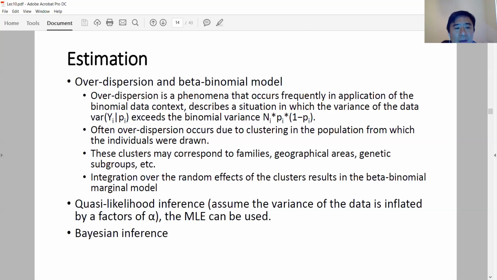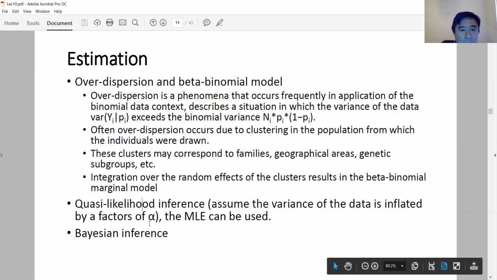In that case, you can have remedies, which means you can use the beta binomial model, or you can use the quasi-likelihood inference. The beta binomial is a different model, but with quasi-likelihood you can still use the same model, but you're not using the maximum likelihood, you use the quasi-likelihood. So this is a very advanced topic in statistics, so you don't have to worry about that. Or you have to use Bayesian inference, which is not entirely based on the likelihood.